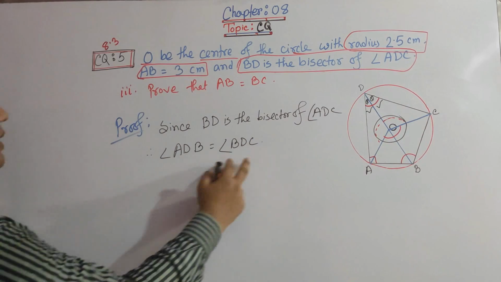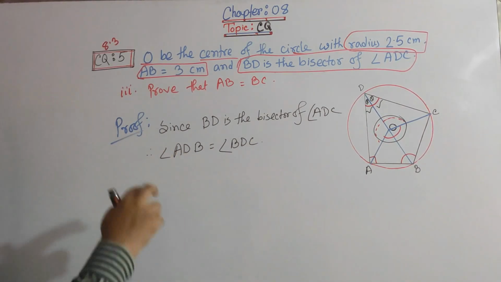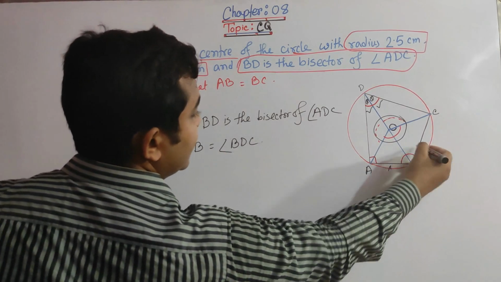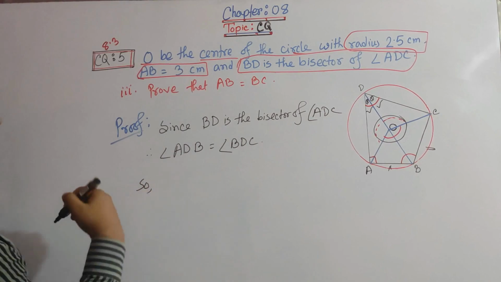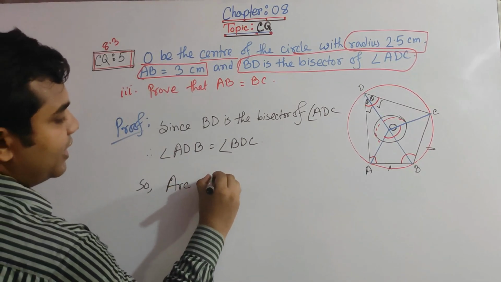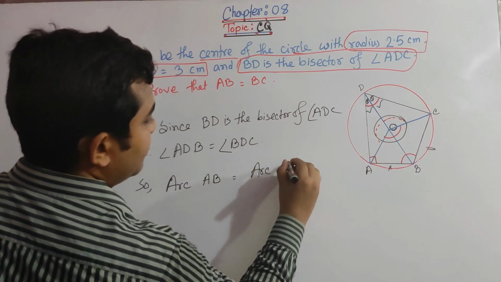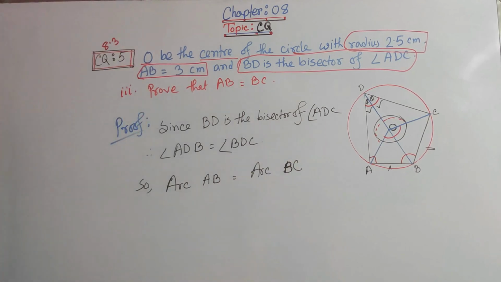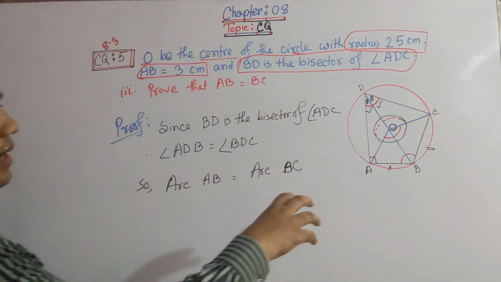If these two angles are equal, then the arcs on which they stand are equal. So we focus on arc AB equals arc BC, because this angle stands on this arc and this angle stands on this arc.